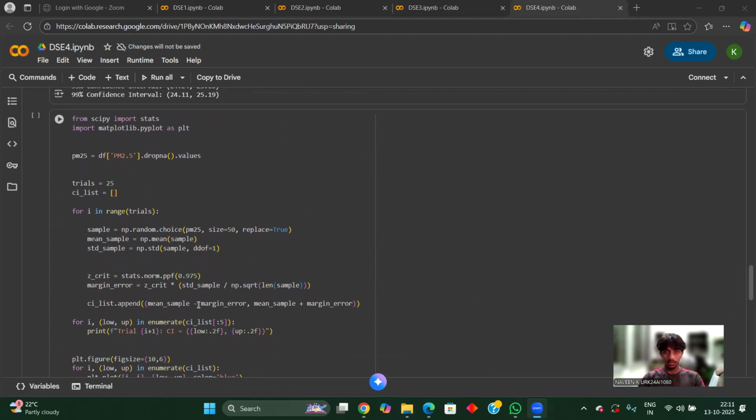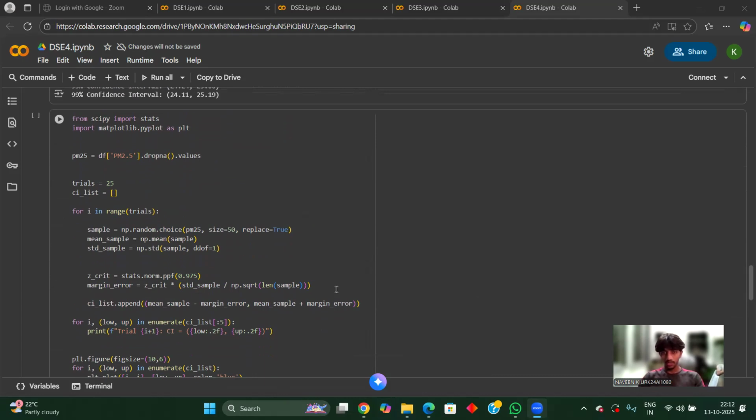The last program is simulation of confidence intervals. Finally, in program 10, we simulate 25 random samples of size 50 and calculate confidence intervals for each sample. Random sampling with replacement is performed using np.random.choice.